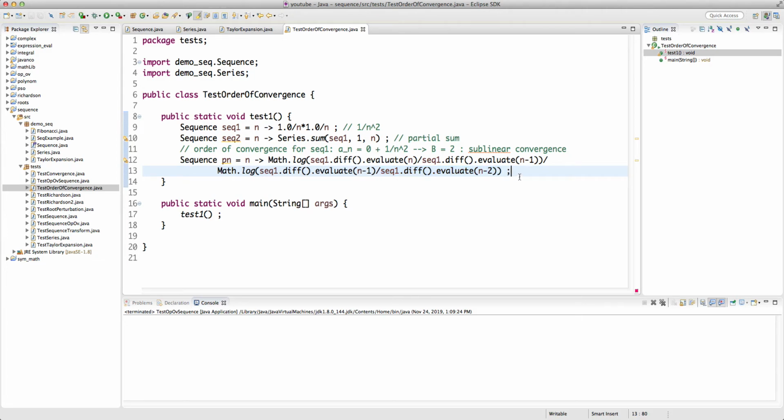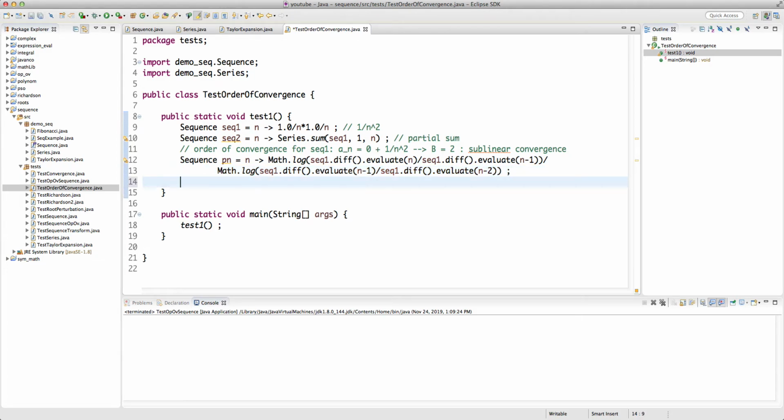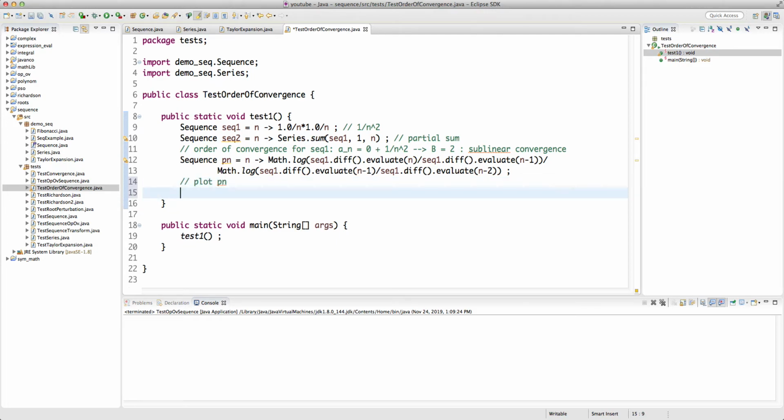Now let's try to plot Pn. Let's call this int, or maybe long, because these are long numbers.